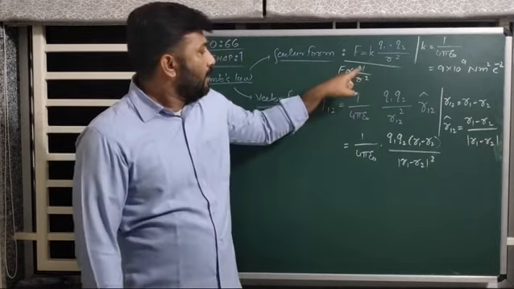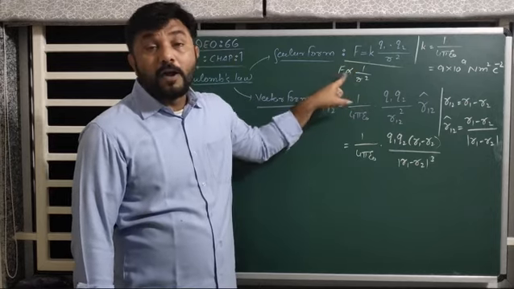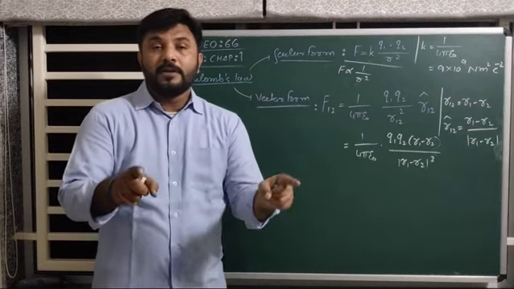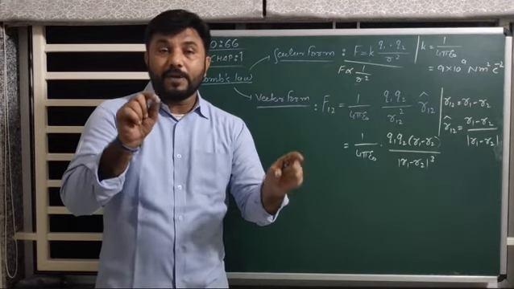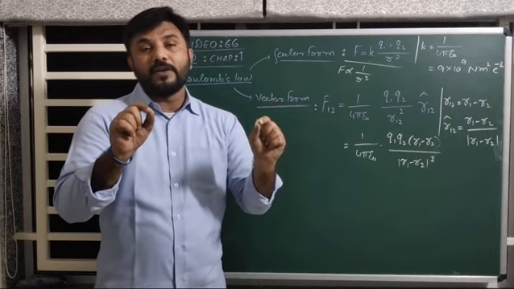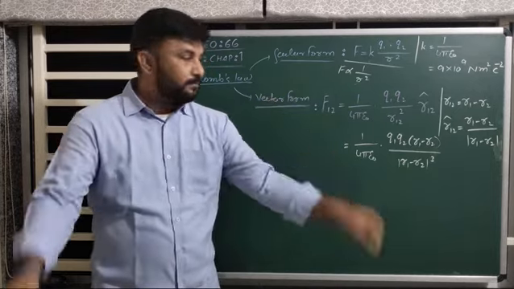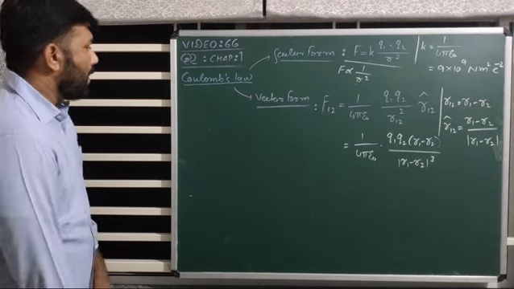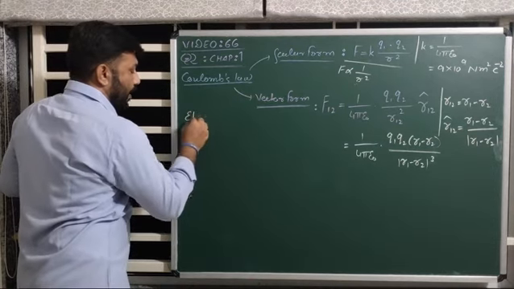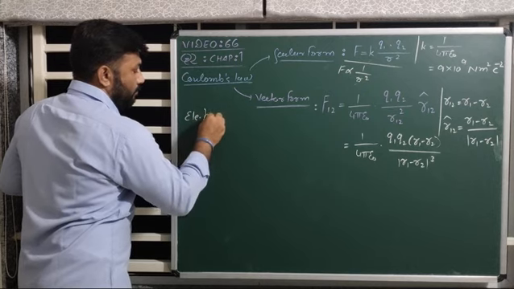Because of that, inverse square law. Coulomb's law is known as inverse square law because the repulsive force acting between any two charges is inversely proportional to the square of the distance between them. Clear? Okay?